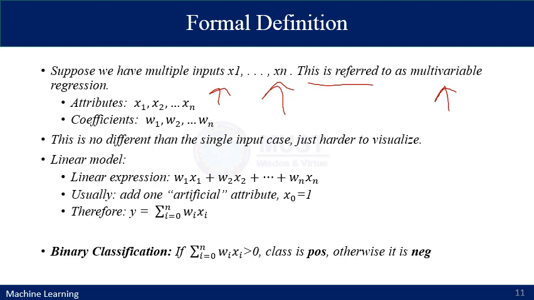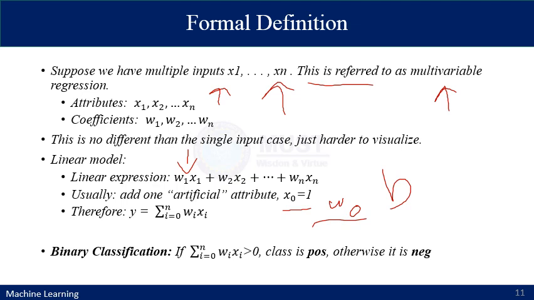Again we have a linear expression, just with each feature attribute replaced with its corresponding weight. So we will have w1 x1, w2 x2 up to wn xn. Usually you will add one artificial attribute which is x0, and you will multiply it with the weight w0, and together it will be our bias term.